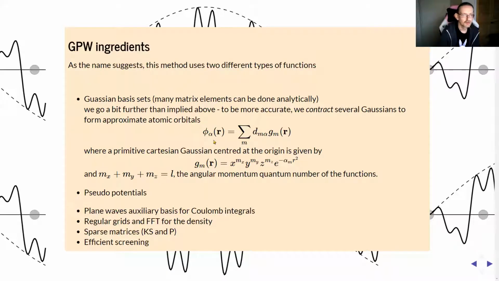So those are the functions that we're going to optimize. And what we want to find is a density matrix in terms of how many of each of these different types of orbitals are we going to use.